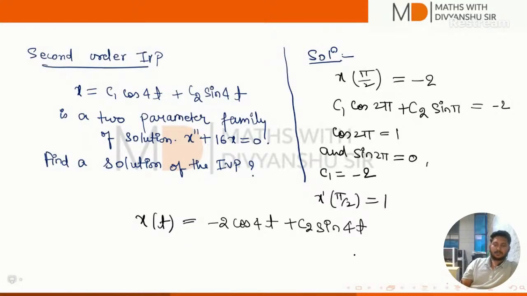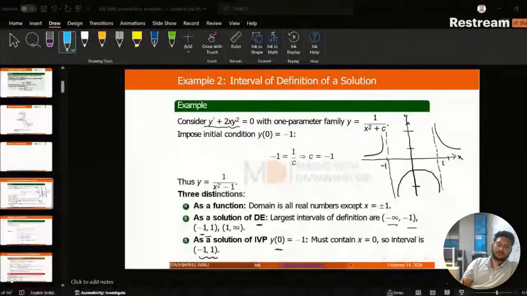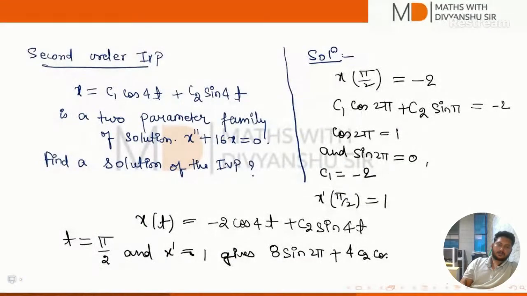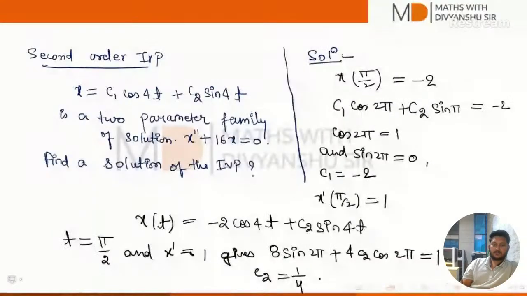Differentiate this with respect to t and then set t equal to pi by 2. When you set this, x prime is equal to 1, that gives you 8 sin 2 pi plus 4 c2 cos 2 pi, which is equal to 1. So from which we see that c2 is nothing but 1 by 4.